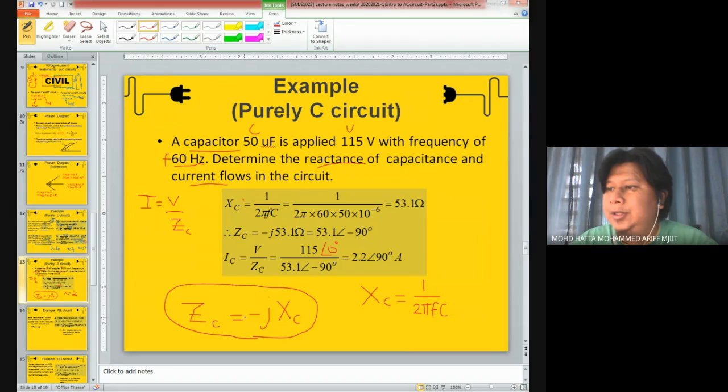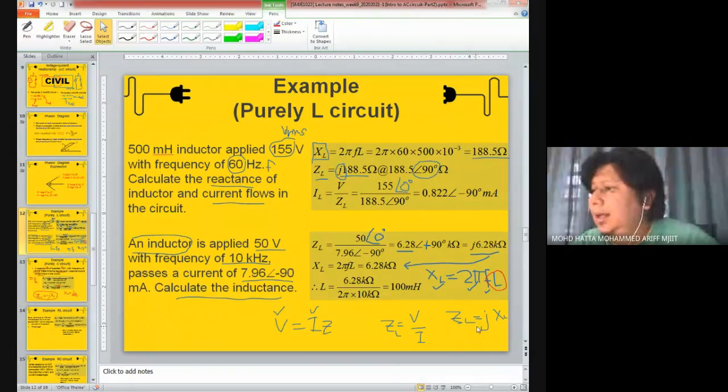So remember the difference between capacitor and inductor, where in inductor we see that ZL is given by JXL, positive over here, and XL can be found by using this equation, 2 pi FL.